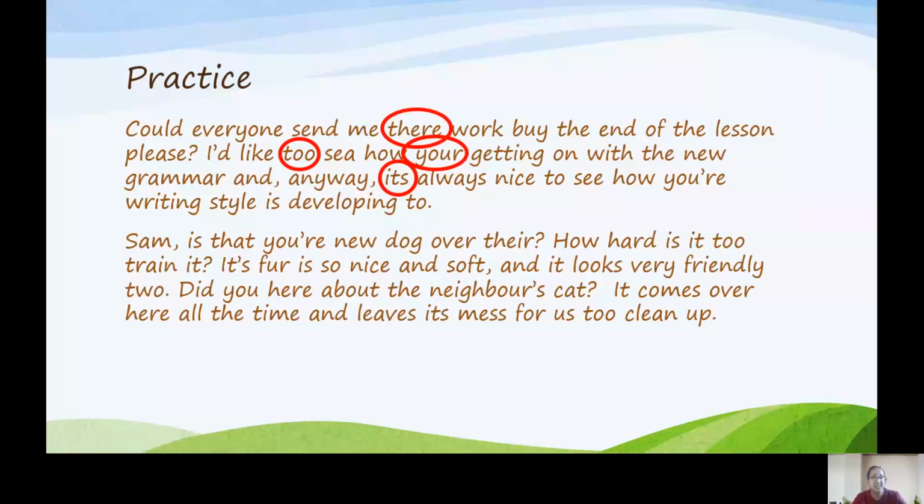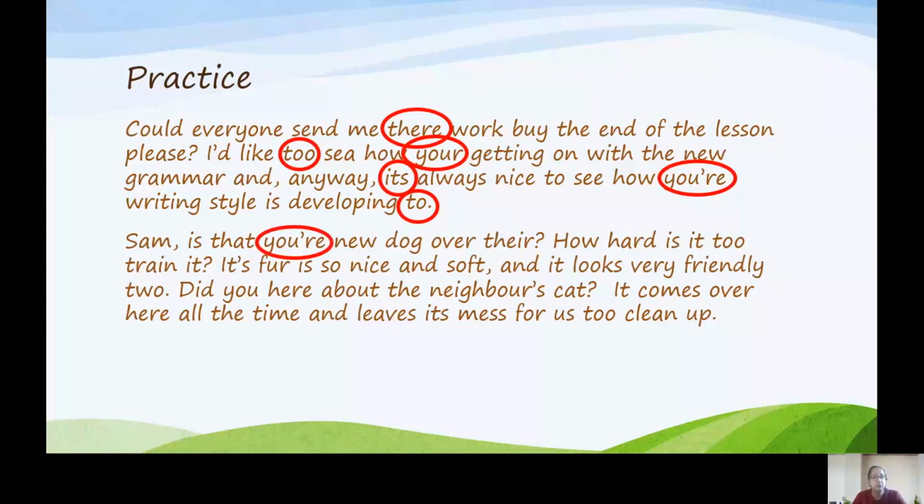"It's" is followed by an adjective or an adverb and an adjective. So we need to use "it is". Therefore, we need an apostrophe. How your writing style, it's not "you are", it belongs to you. So that should be "your". Is developing to, in addition. So T-O-O.